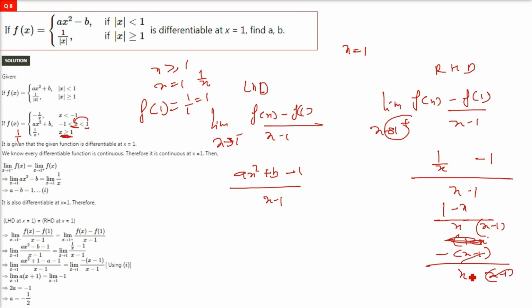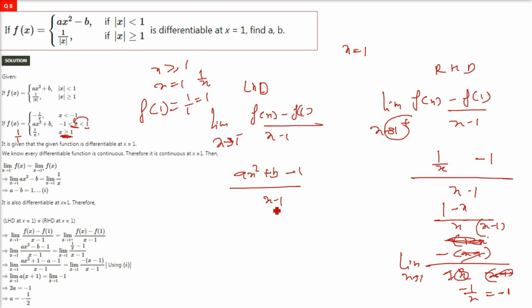This gets cancelled, you get minus 1 by x, and since x is tending to 1, just replace x by 1. So you get a negative 1 here.